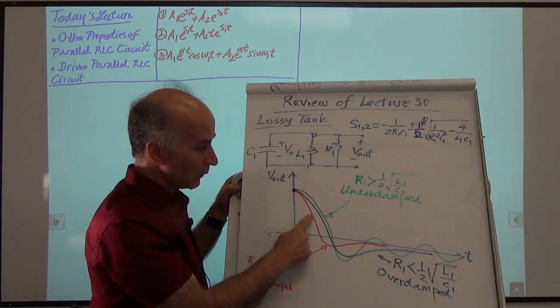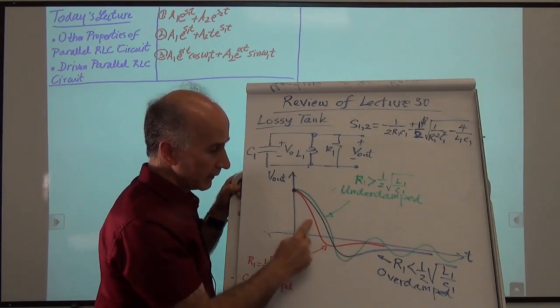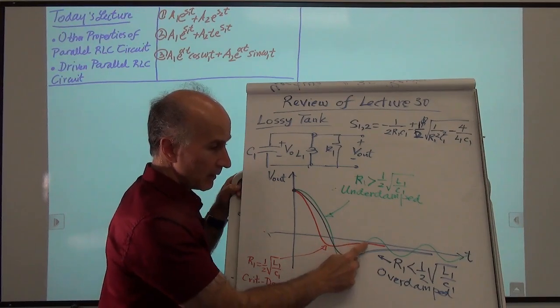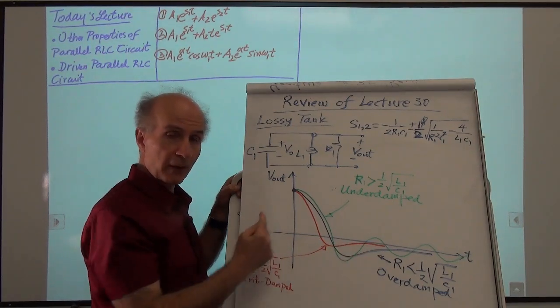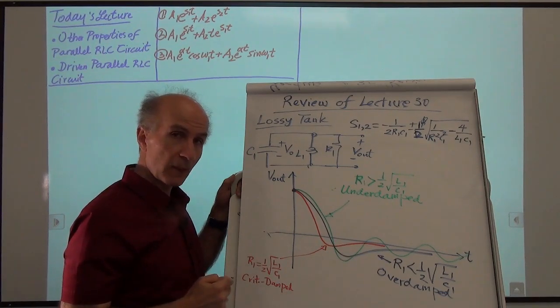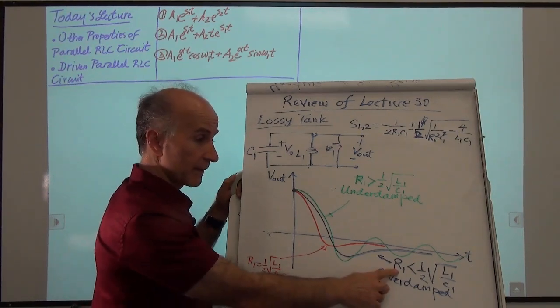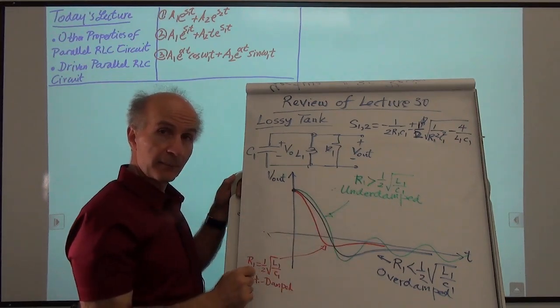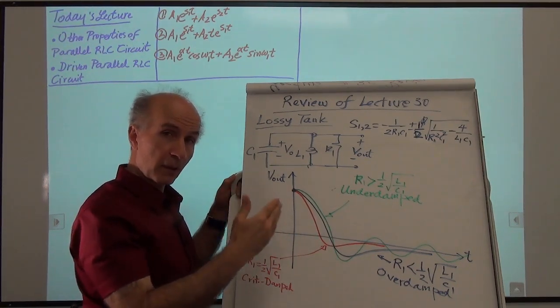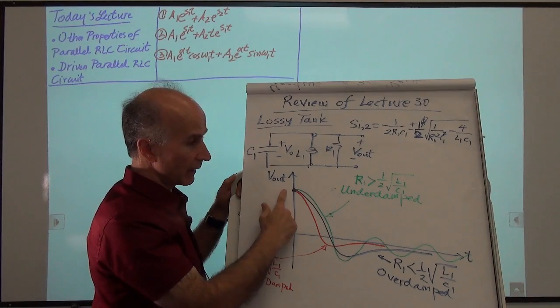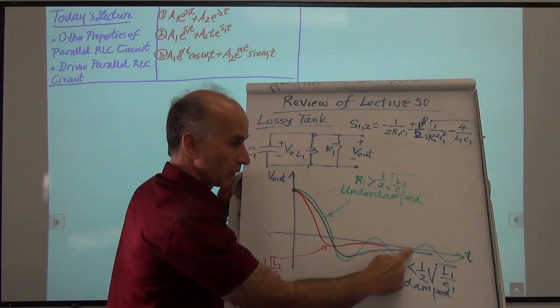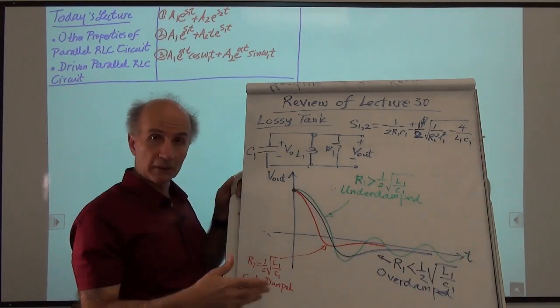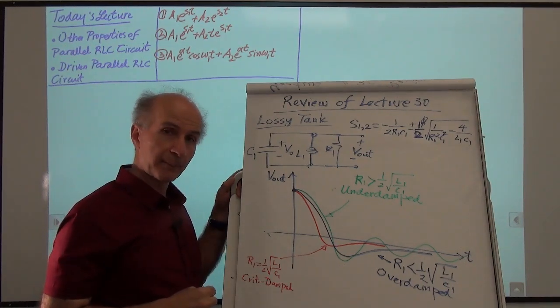So that's this red waveform here, and still it has a dip, but then it settles smoothly to its final value. On the other hand, if R1 is large enough, meaning greater than this value, then the circuit exhibits some oscillatory behavior. You can see that now the output voltage goes up and down periodically before it dies away.